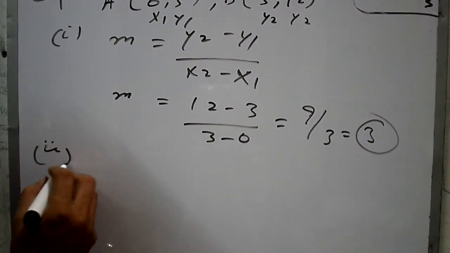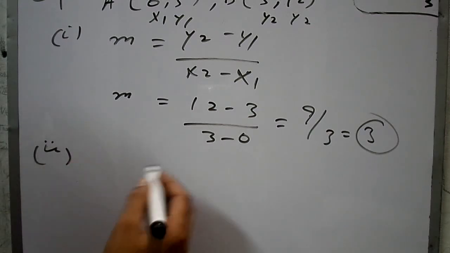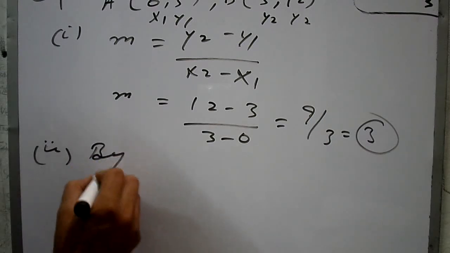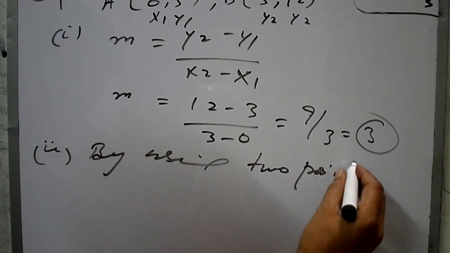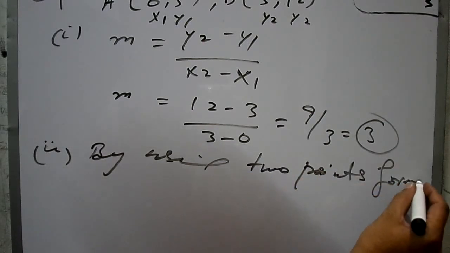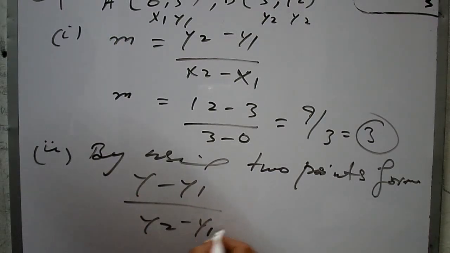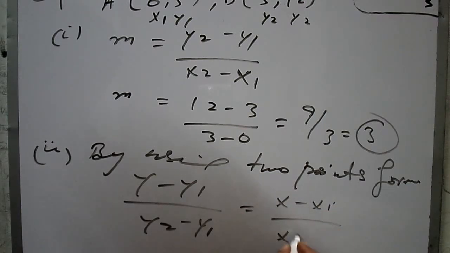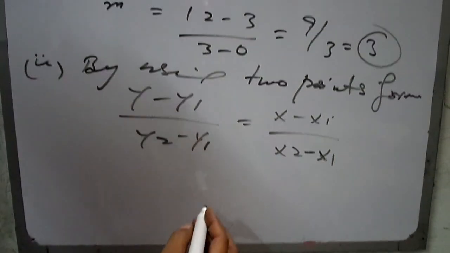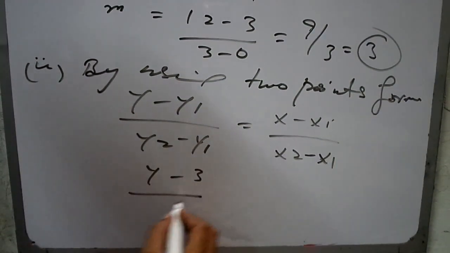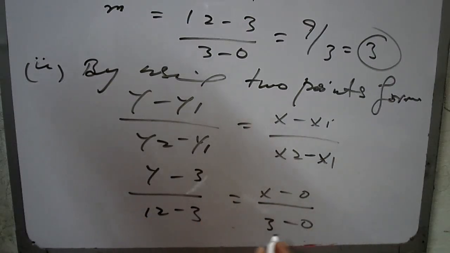In the second case, we have to find the equation. So by using the 2-point form equation, that is y minus y1 equals y2 minus y1 into x minus x1 divided by x2 minus x1. So by putting the values, 12 minus 3 divided by 3 minus 0.